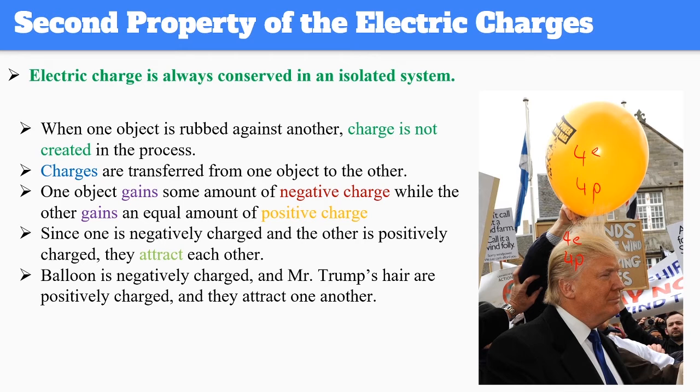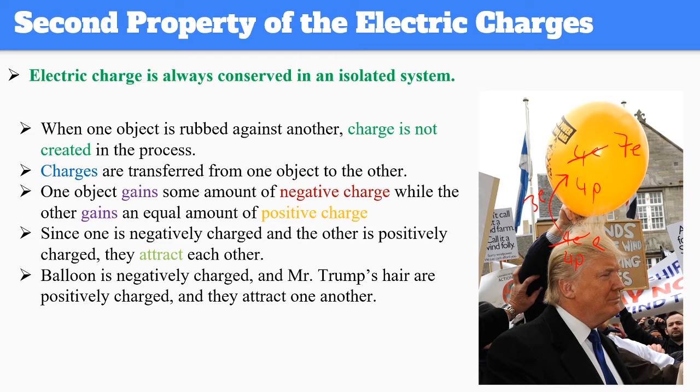Once you put those two into contact, what is going to happen? Not all of the 4 electrons maybe, but let's say 3 of them will move to the balloon. So if 3 move to the balloon, then you will only have 1 electron left in the hair, and you're going to have 7 electrons in the balloon now.